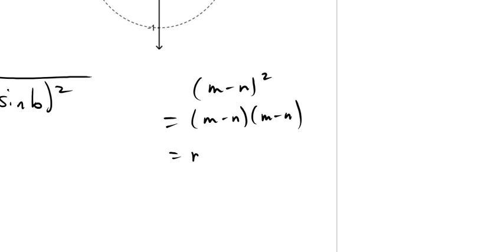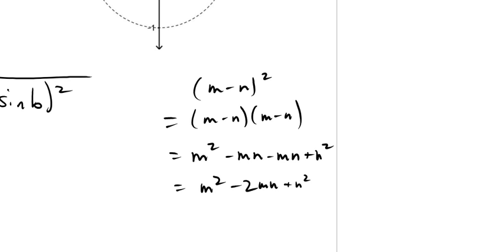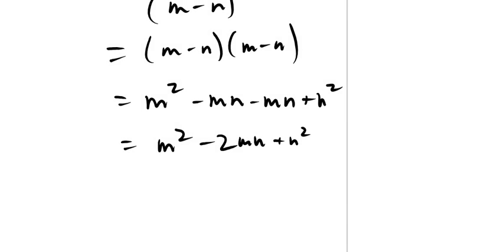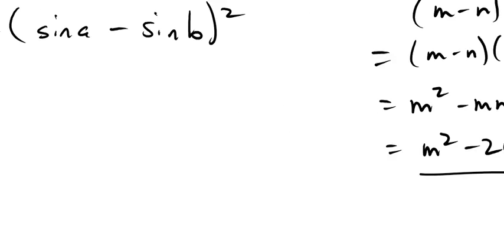So that's m times m minus m times n minus m times n plus n squared. 2 negatives makes positive. Are we okay with this? M squared minus 2mn plus n squared. Is that okay? That's familiar. That's from grade 10 as well. Squaring binomials. So this is the quick way. So I'm going to use that here.